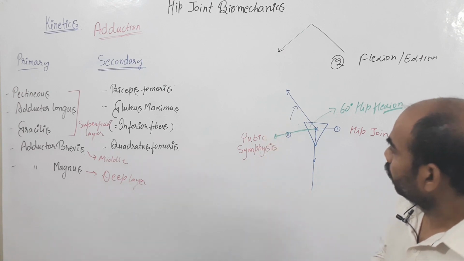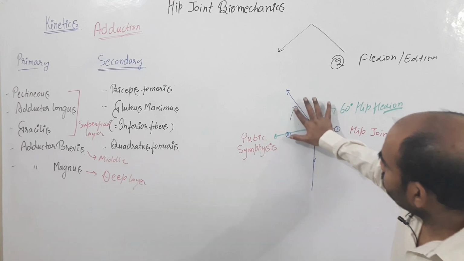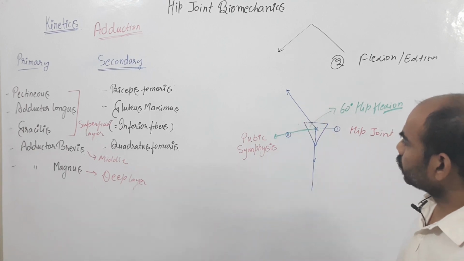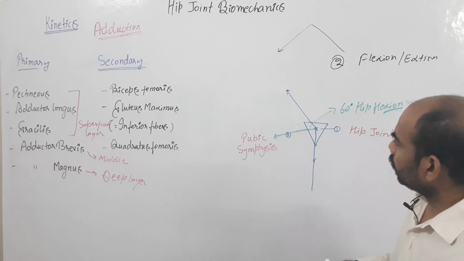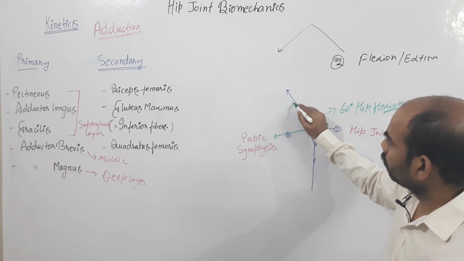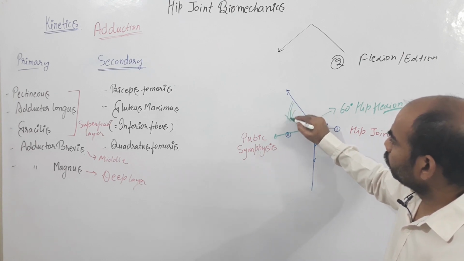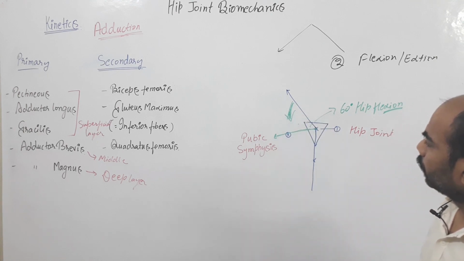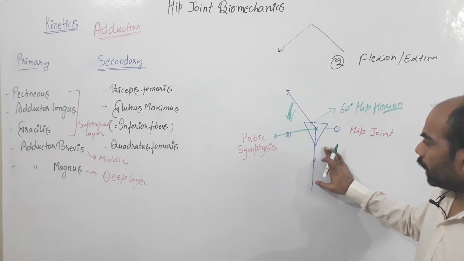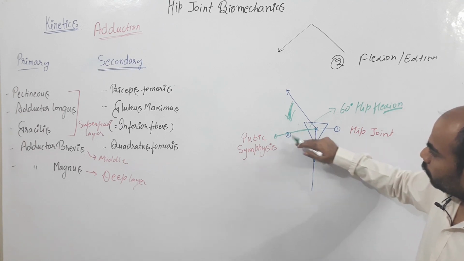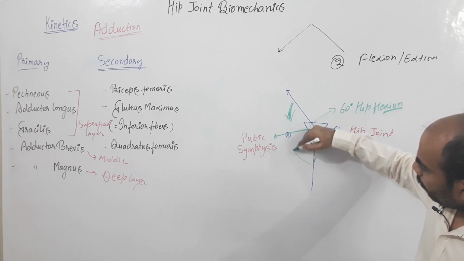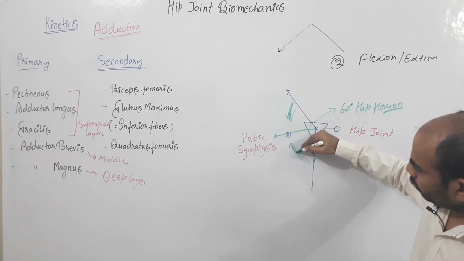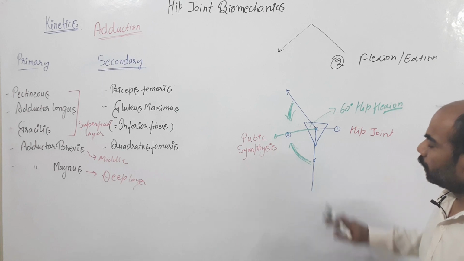When the femur is anterior to the pubic symphysis, the angle being more than 60 degrees, the adductor muscles pull the femur posteriorly and produce extension. When the angle is less than 60 degrees, the adductor muscles pull the femur towards the pubic symphysis and produce flexion.